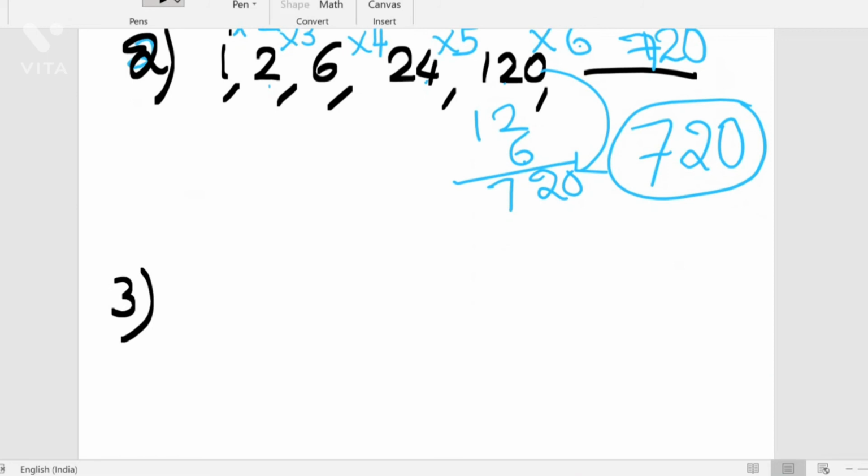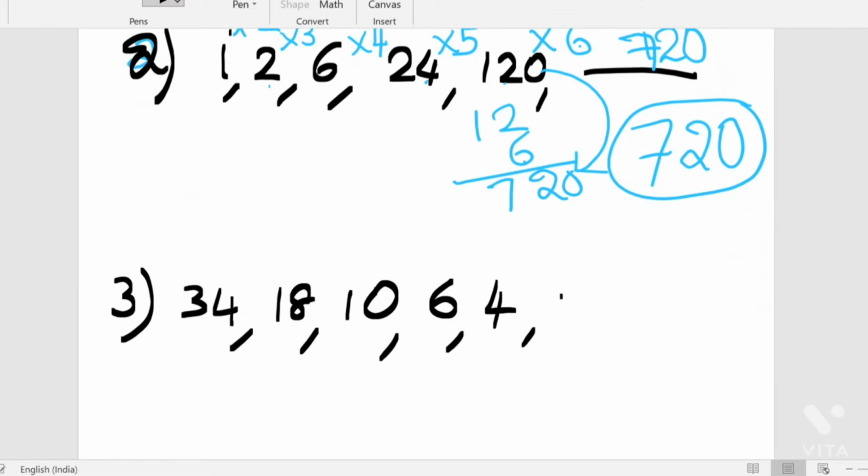Question number 3: 34, 18, 10, 6, 4. The next is dash. Here the numbers are decreasing.